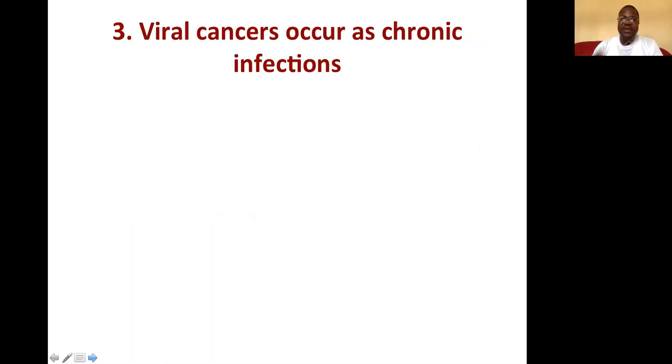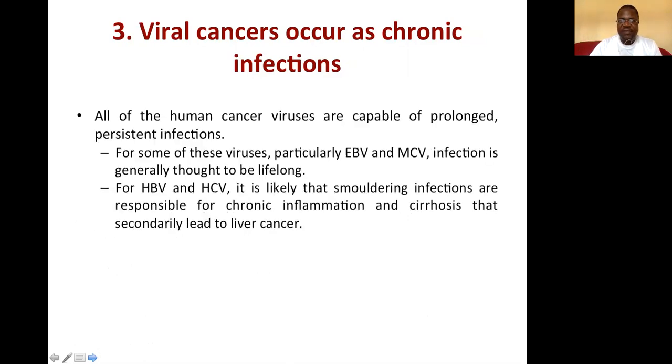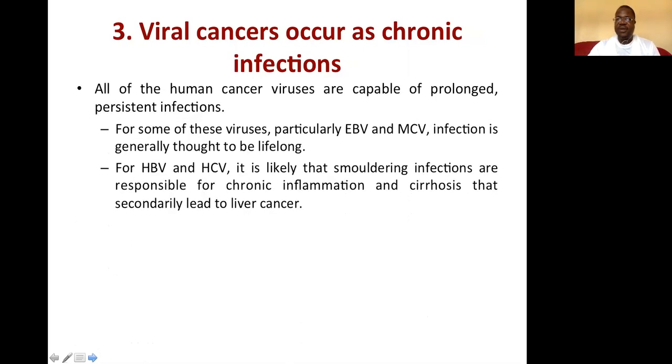Factor number 3, viral cancers occur as chronic infections. So it always happens during chronicity of the infection. You can have an acute infection and recover from it, but if you develop a chronic persistent infection, there is a possibility that you will develop a viral cancer. All of those human cancer viruses are capable of developing prolonged or persistent infections.